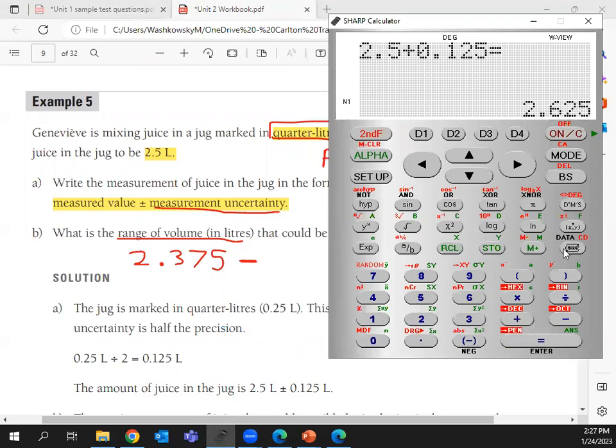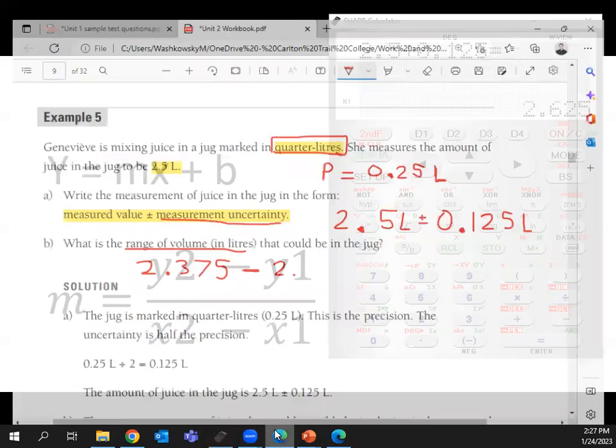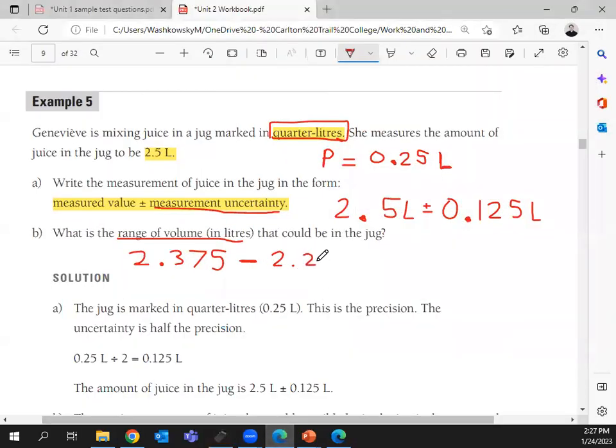That's where the plus and minus comes into play here, right? I am literally taking what I know I have, or what I think I have, and adding this, and then subtracting it. I'm trying to get the range here. To 2.625. So this is my possible range of liters in the jug.